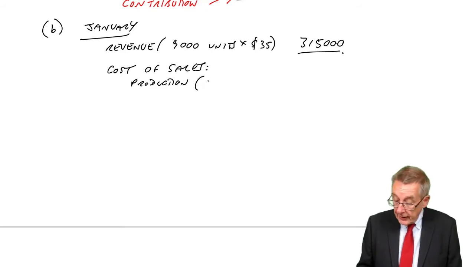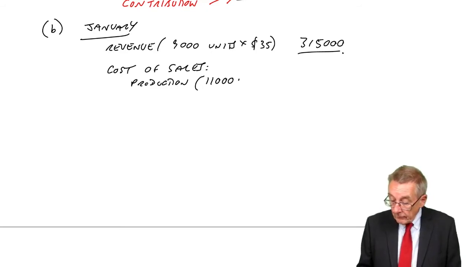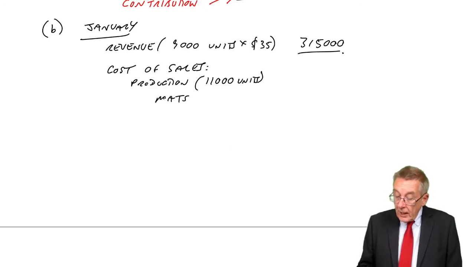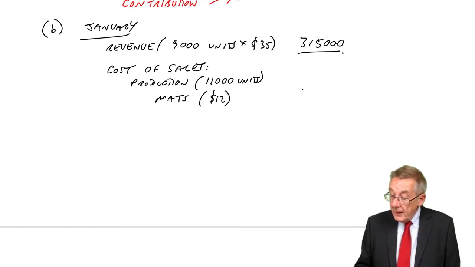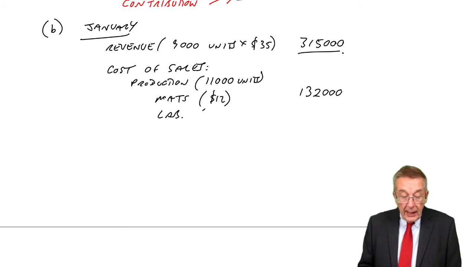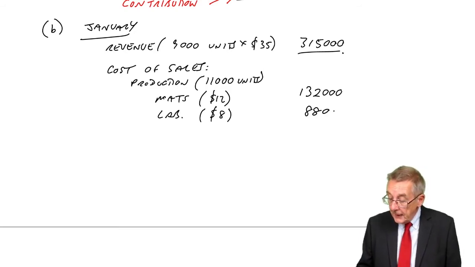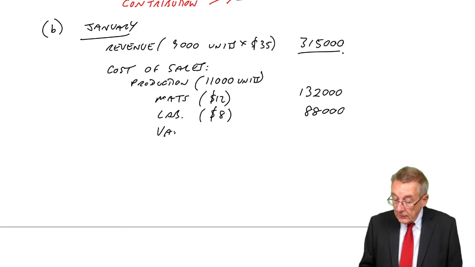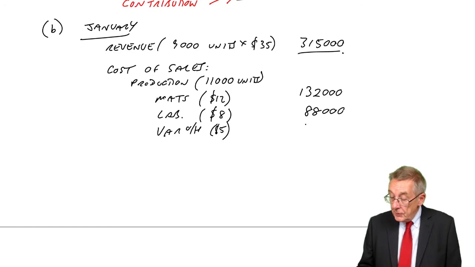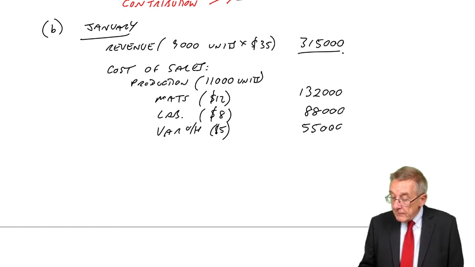How many are there? 11,000 units. Materials, if you look back, were $12 a unit, so total 132,000. Labour, again, if you look back, is $8 a unit, a total of 88. Variable overheads, $5 a unit, 11,000 units, 55.